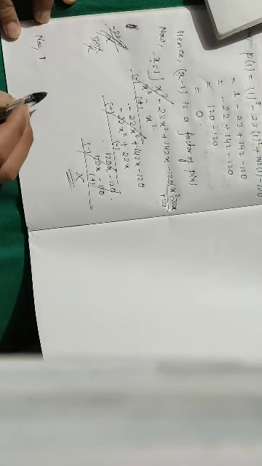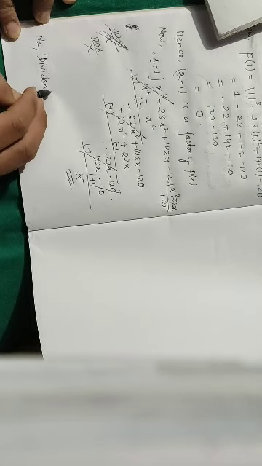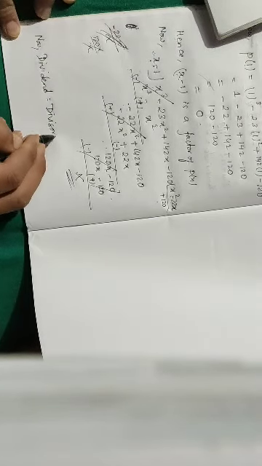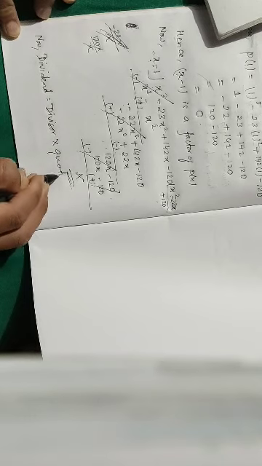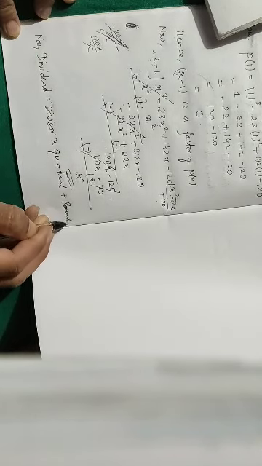Next part is, we know by division algorithm, I hope you know, dividend equals divisor into quotient plus remainder, right? This is remainder.